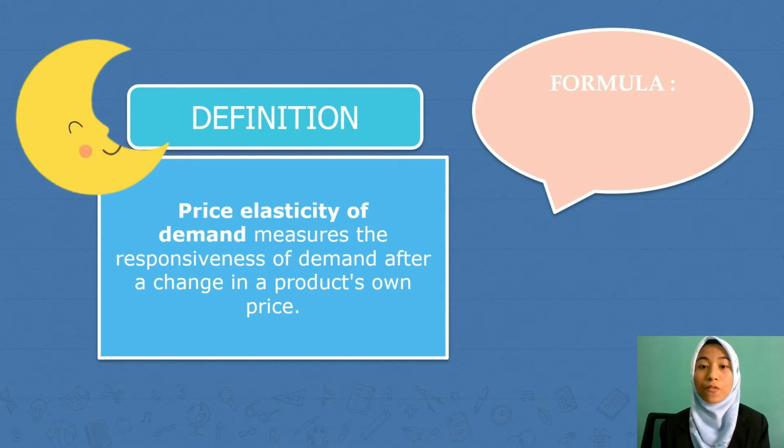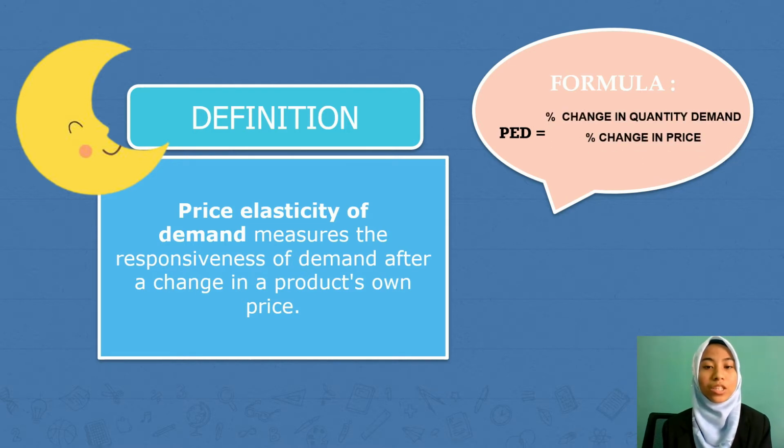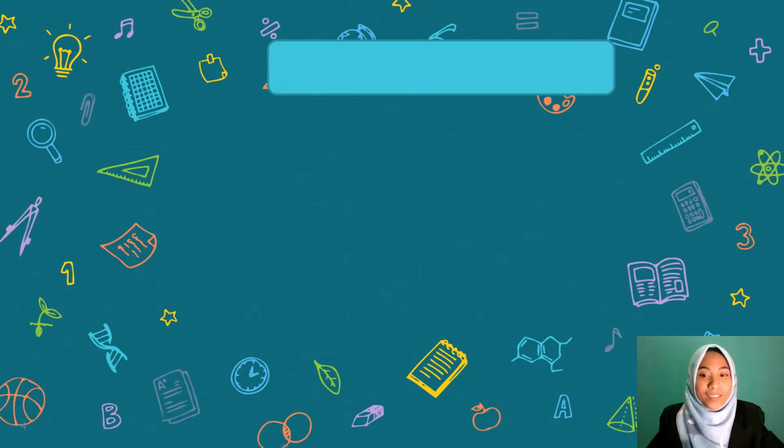So the formula for calculating the coefficient of elasticity of demand is percentage change in quantity demanded divided by the percentage change in price. Next, I would like to show you how to apply this formula.